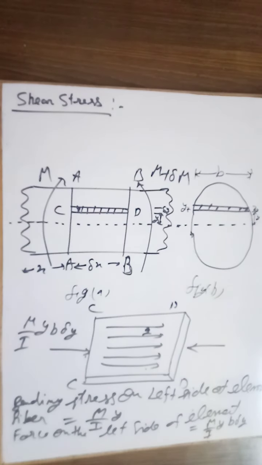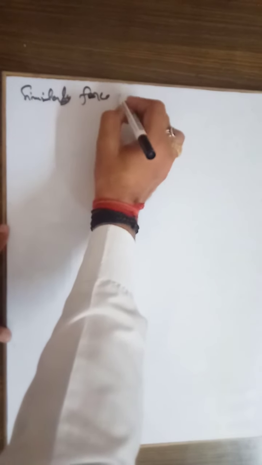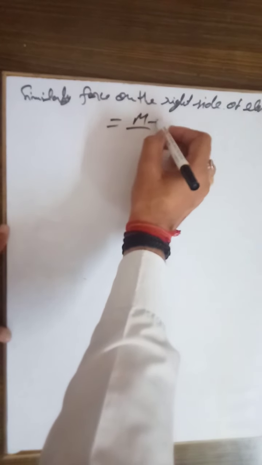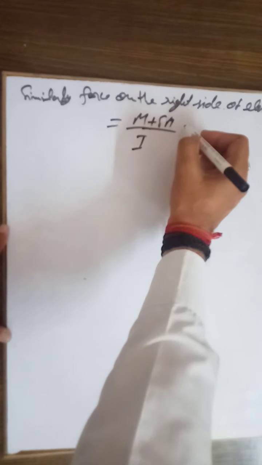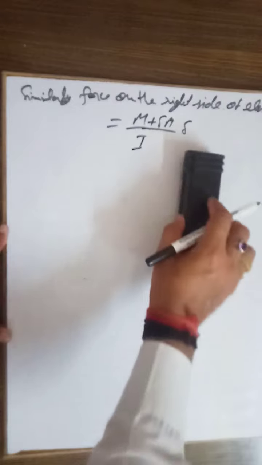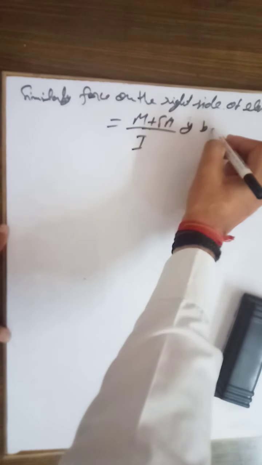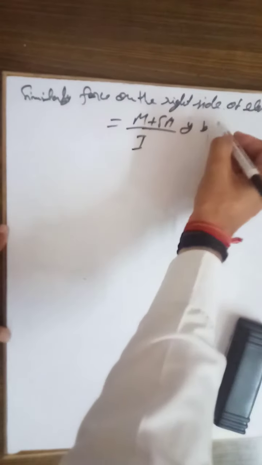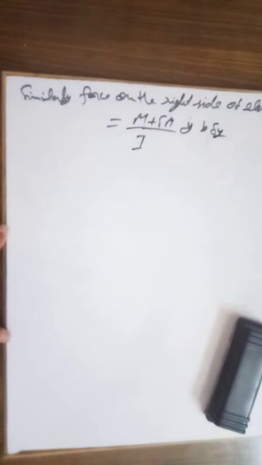So similarly, force on the right side of the element is equal to M plus del M upon I into Y B del Y. So this is the area and this is our moment.